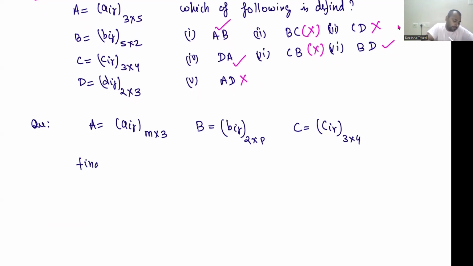You need to find m and p if AB, BC and CA is defined. Tell the answer quickly. The question is saying AB, BC and CA are defined, then what is the value of m and p?